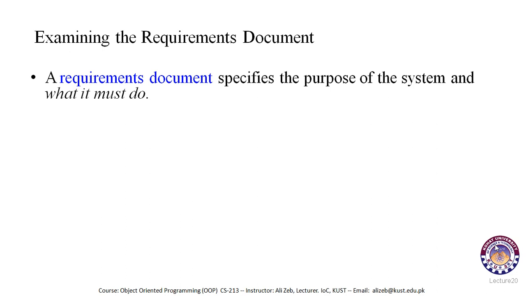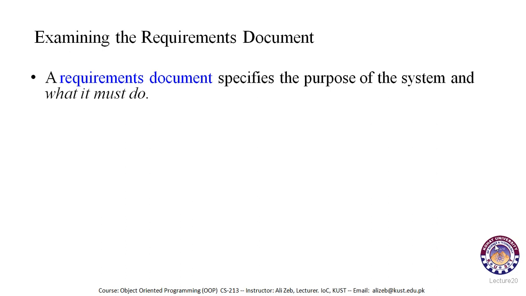If you have studied software engineering, or if you will study software engineering in any of your future courses, you will understand that a requirements document is something that is given to us first hand when we are required to develop a project or a software for something.